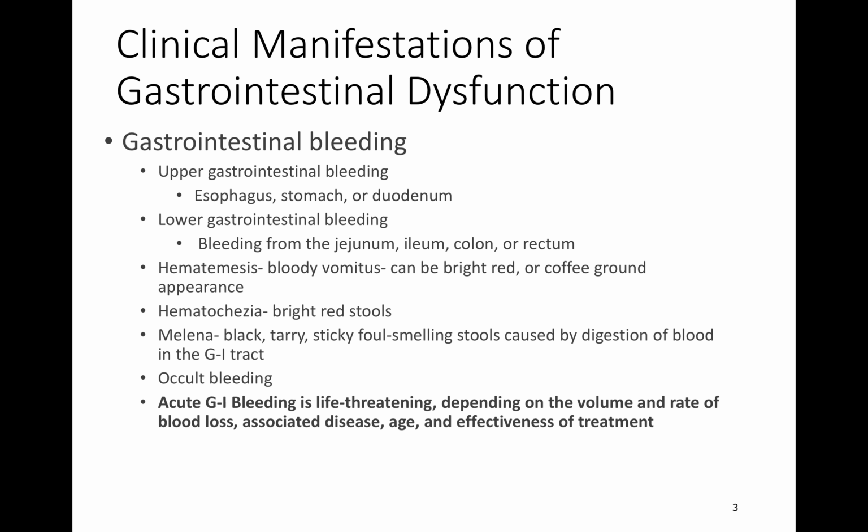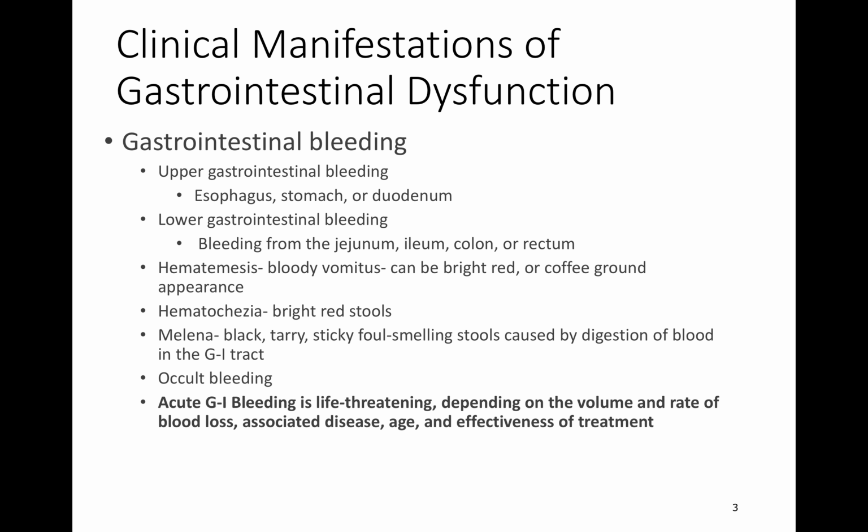So let's look at GI bleeding, which is a very big issue, whether it's upper or lower. Upper GI bleeding is usually frank. It can be frank blood, meaning bright red, or it can be coffee ground appearance. It's usually blood that has been affected by the stomach acid somehow. It can be caused by varicose veins in the esophagus or high peptic ulcers, which we're going to talk about in a minute.